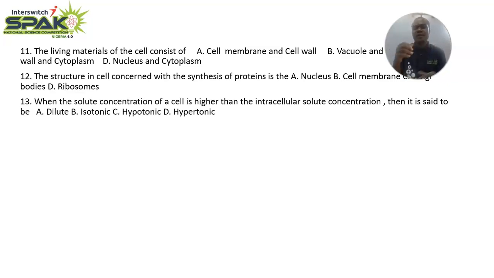So when you have a cell surrounded by a cell membrane, and the solution inside the cell contains more solute than the other solution, the one that contains more solute is hypertonic with respect to the surrounding one that has lesser solute, which is then described as being hypotonic.